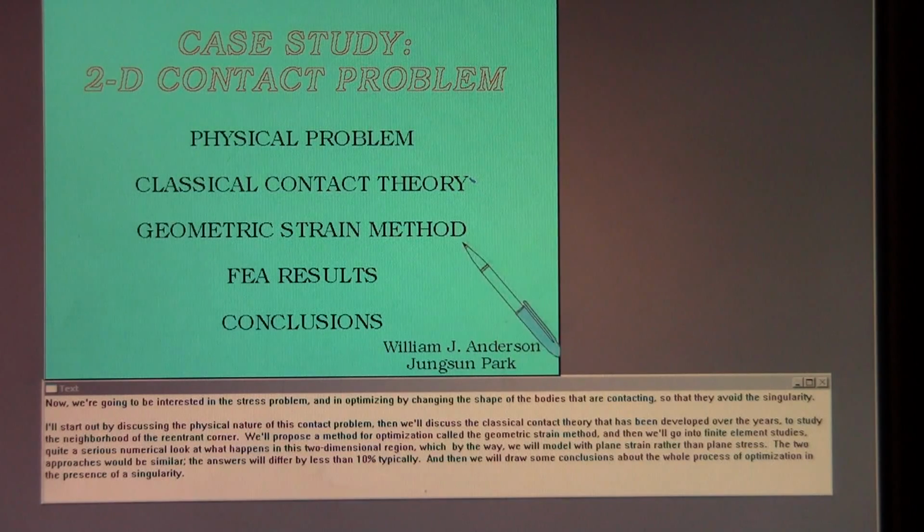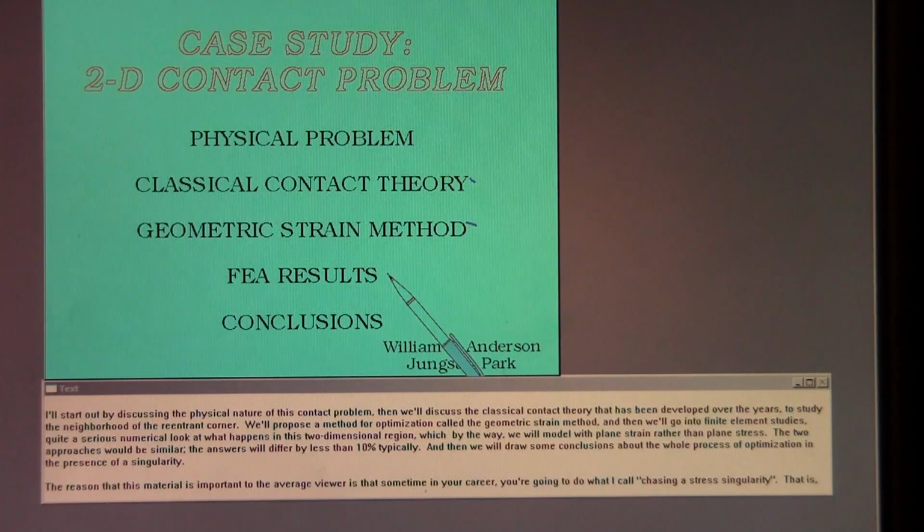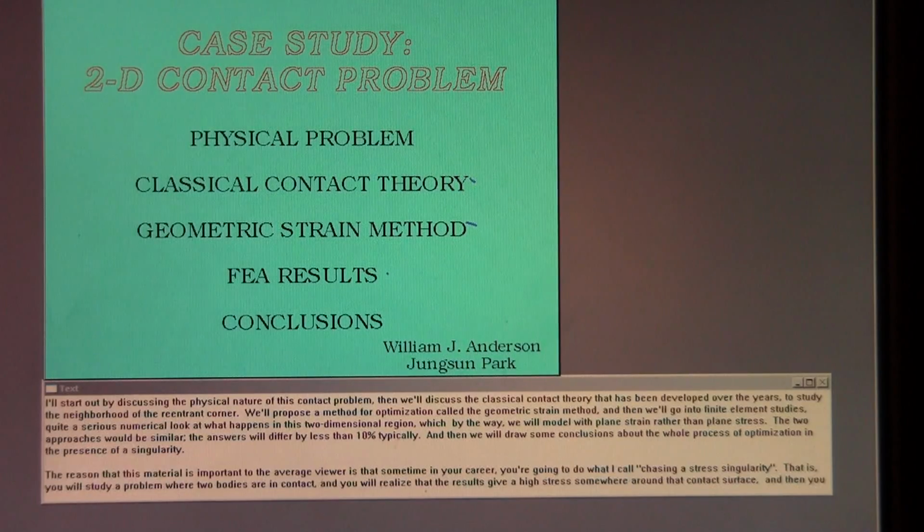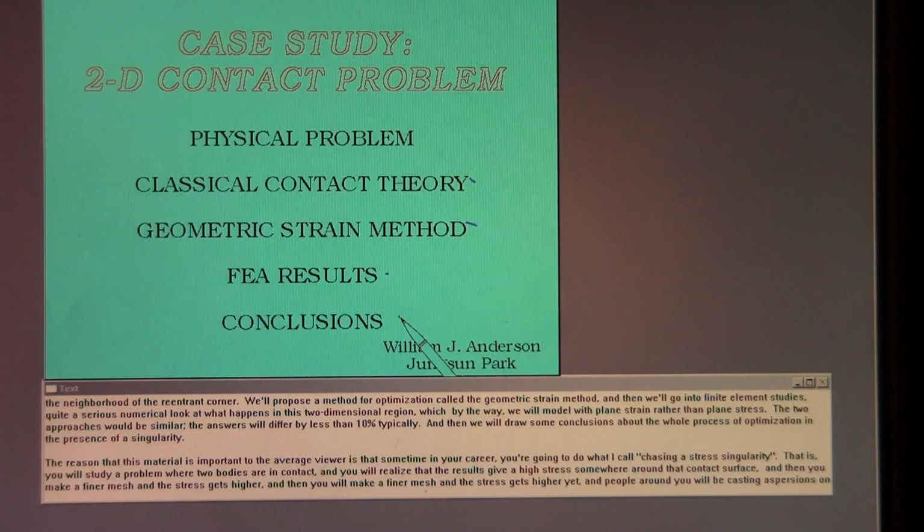We'll propose a method for optimization called the geometric strain method, and then we'll go into finite element studies, quite a serious numerical look at what happens in this two-dimensional region, which, by the way, we will model with plane strain rather than plane stress. The two approaches would be similar. The answers would differ by less than 10% typically. And then we'll draw some conclusions about the whole process of optimization in the presence of a singularity.